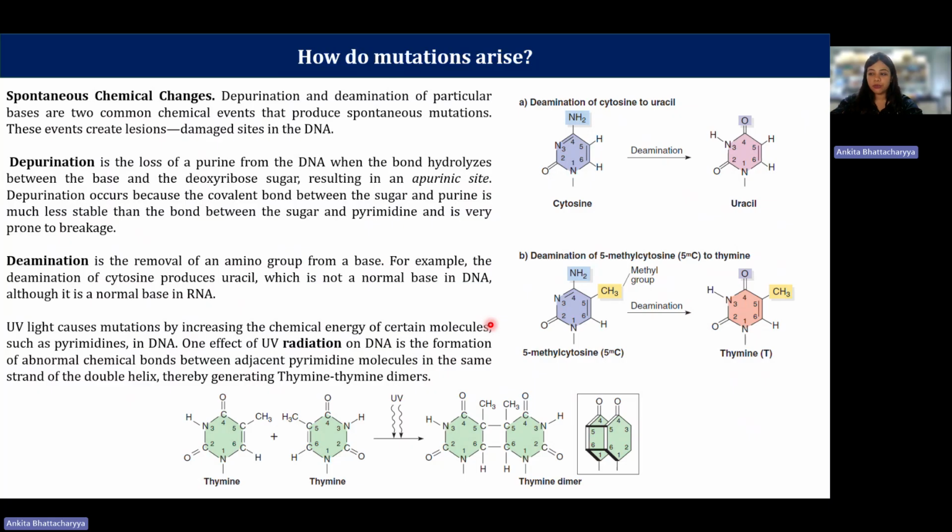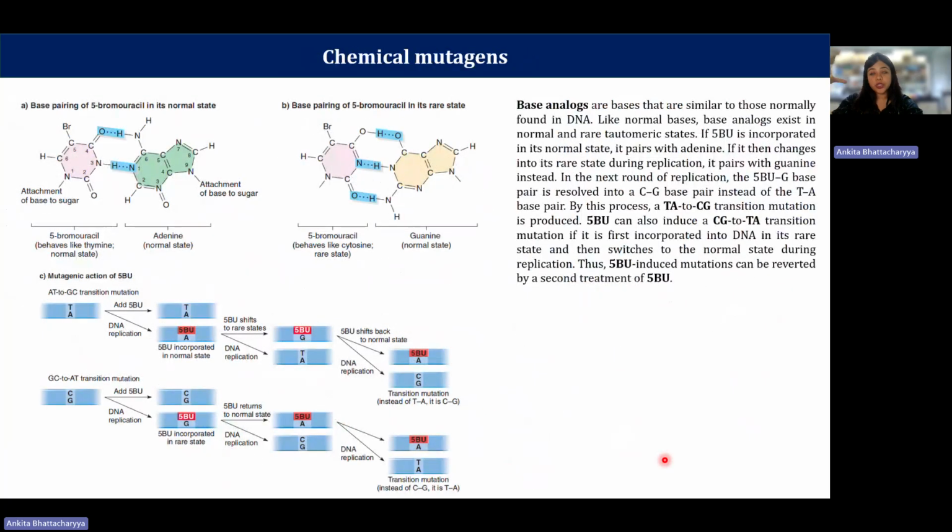Specifically, it's majorly found for thymine dimers, like you can see here, TT dimers, and these are really large obstructions for the movement of polymerases at the time of replication, and it does lead to the formation of these stalled replication forks from where replication is not proceeding.